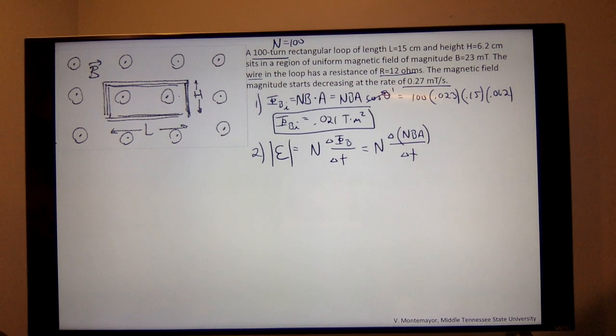The number of loops and the area are not changing, so I can take those out of the delta. So I have N, whoops, wait a minute, I got too many N's. I did N twice there, my apologies.